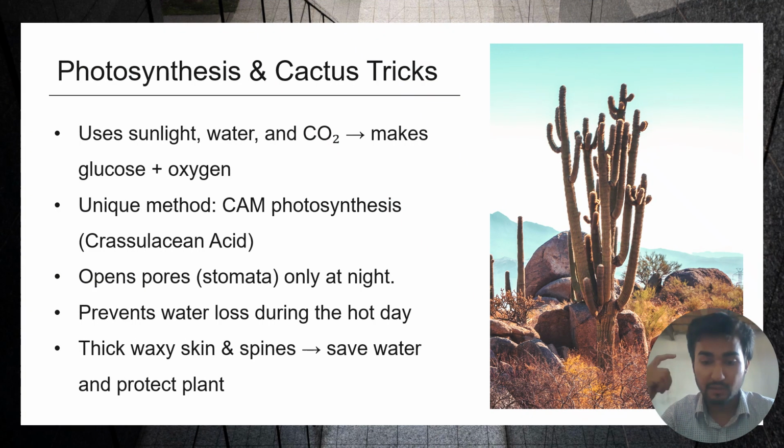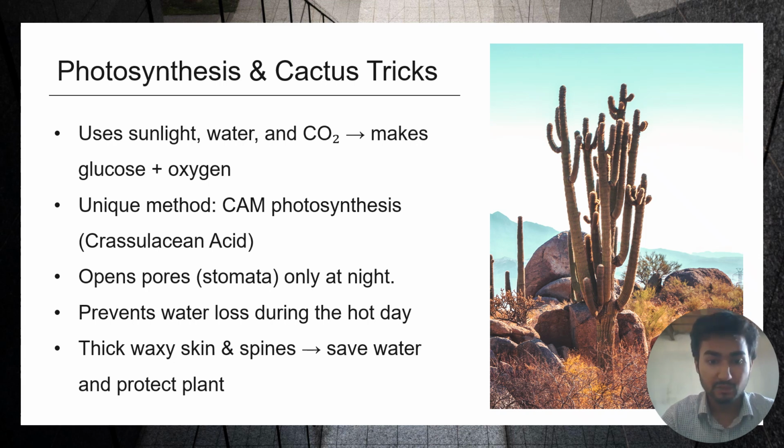Now we're going to get into the differences. What is it that a cactus does differently compared to other plants that makes it special? Just like other plants, it uses sunlight, water, and carbon dioxide to make glucose and oxygen. But this photosynthesis process is unique in that it does not absorb carbon dioxide from the outside environment during the day.